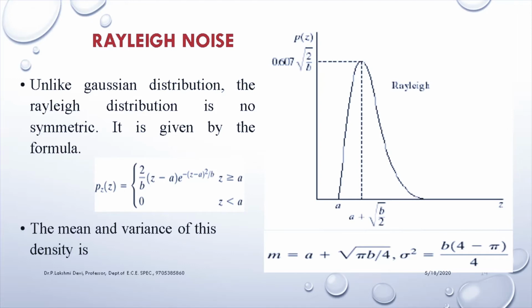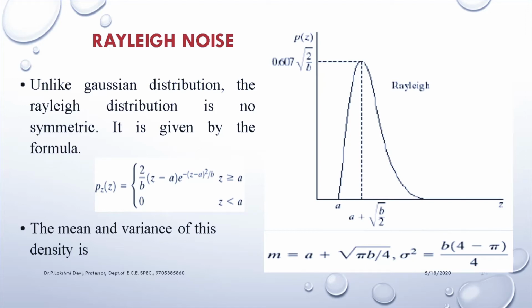The maximum occurs whenever Z equals A plus square root of B by 2, and that maximum value of the probability distribution function is 0.607 square root of 2 by B. Otherwise, it reduces after crossing this value.